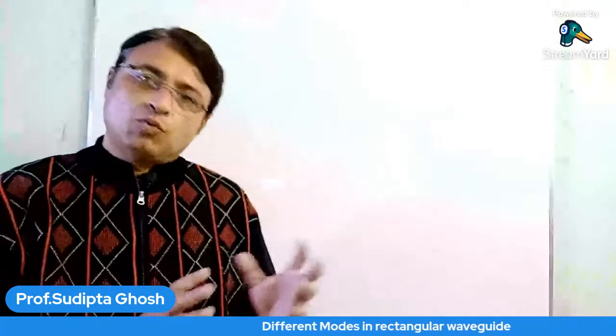Now, what are the waves that are used to conduct by the help of a waveguide? Actually, waves of 3 to 300 gigahertz frequency are propagating from one place to another by the use of this waveguide.